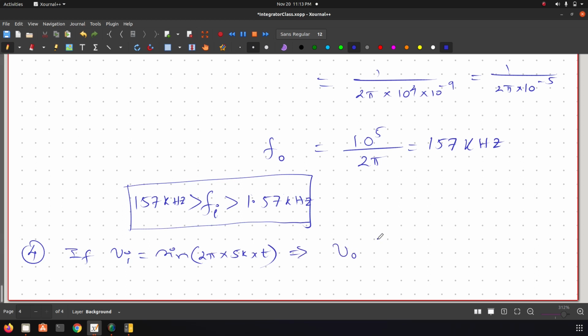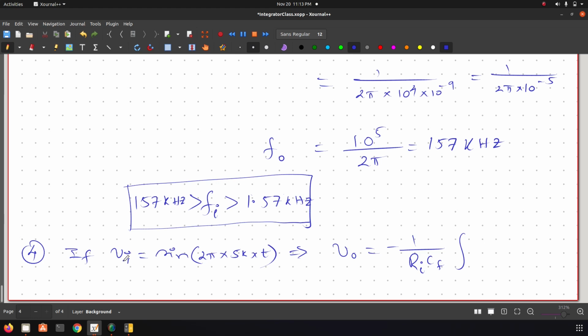Therefore we know V out equals minus 1 by RI CF times the integral of V in, which is sine of 2 pi into 5k into t, dt, right? Sorry, this is not RF, this is RI.